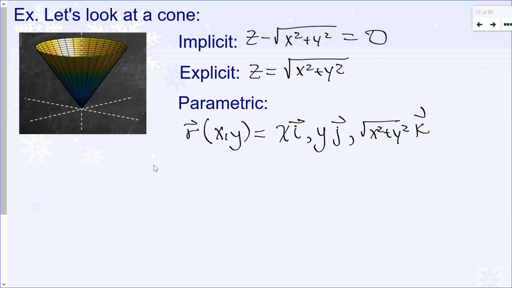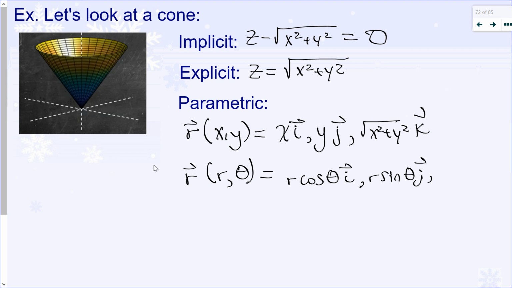So if we go to polar, that's yet another parameterization. So we could then parameterize in terms of r and theta, and then we get our cosine theta for our i, our sine theta for our j, and then what would our k be?